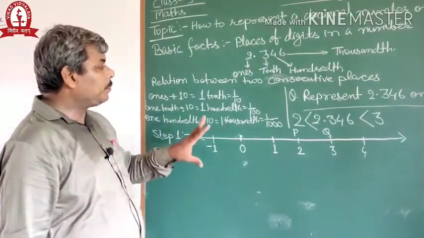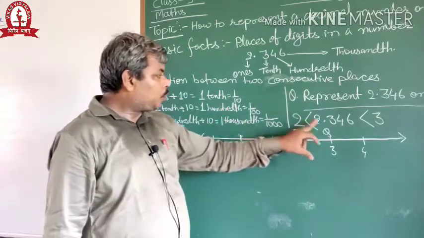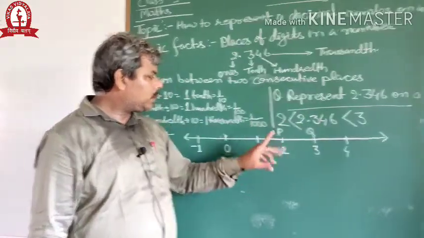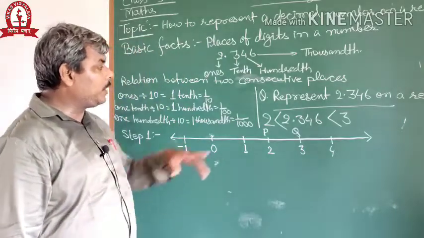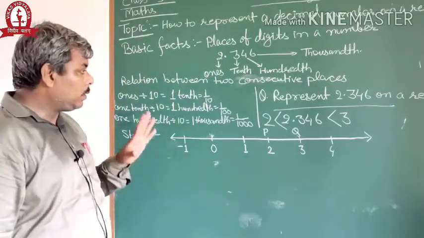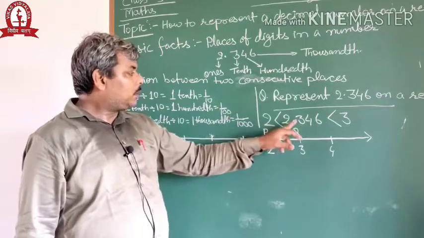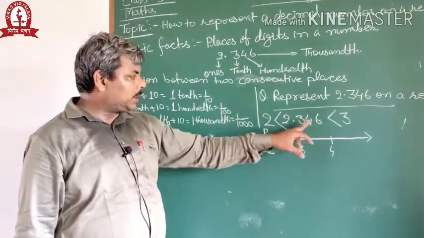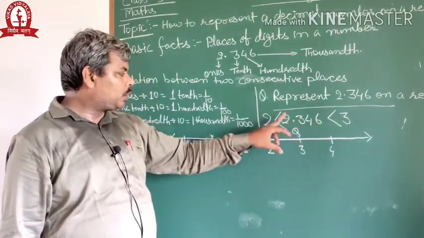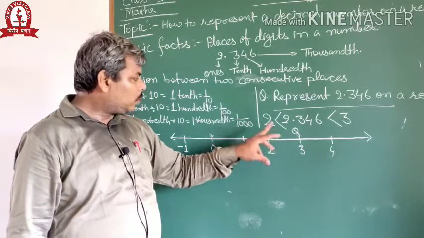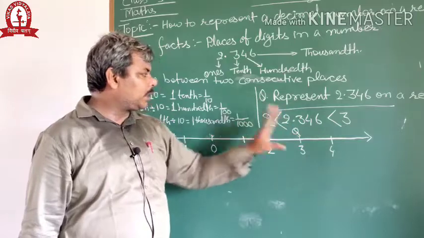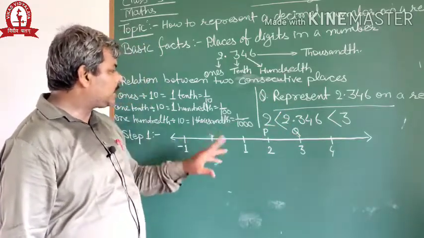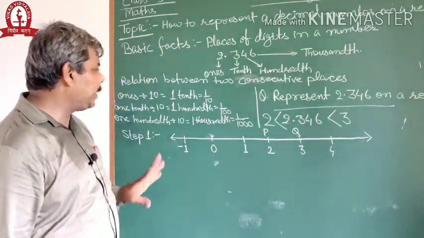Now 2.346 lies between 2 and 3. So how can we represent it? Here there are 3 digits in the decimal part, so the process is longer and we represent this number step by step on a real line.